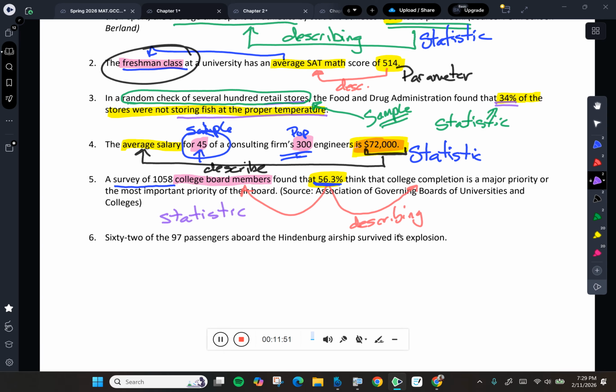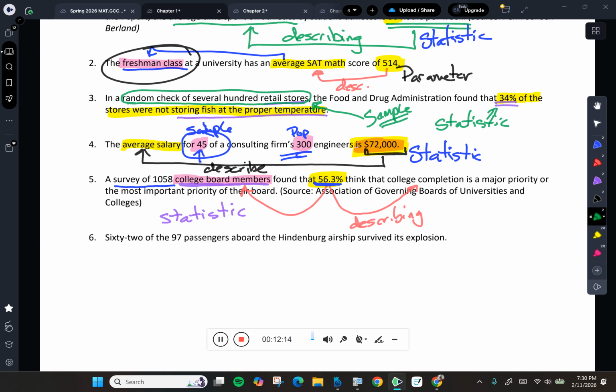Since I don't know how many College Board members there are, I can't tell whether 1,058 is all of them or not. And if I don't know for certain that something is a parameter, I assume it is a statistic. So it is a statistic until you can show me that it isn't. Right? All right, last one.